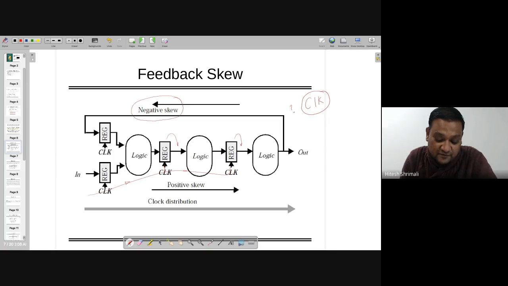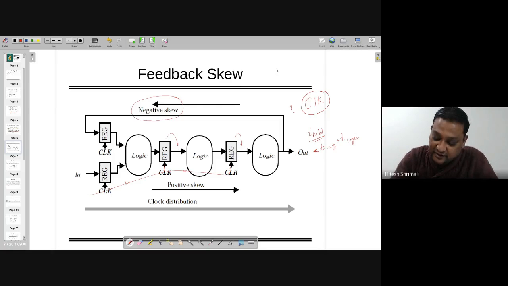Along with that, to know what the hold value should be, that has to be derived also from the sequential circuits, which says that you have to make sure that the contamination delay and the logic delay should be higher than the t hold value you have.